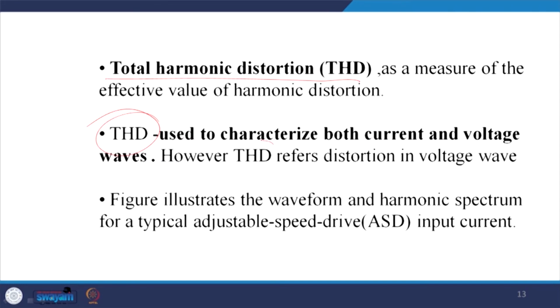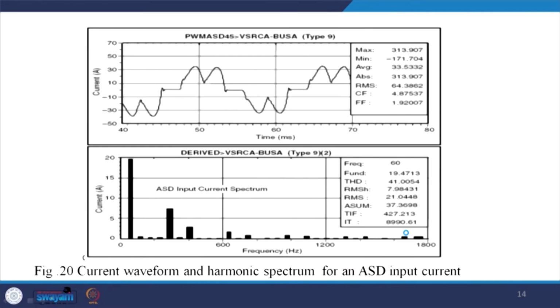However, THD sometimes refers to distortion of the voltage wave, the voltage THD. The next figure illustrates the waveform of an adjustable speed drive, where we have a diode based rectifier followed by a capacitor, then an adjustable speed drive.